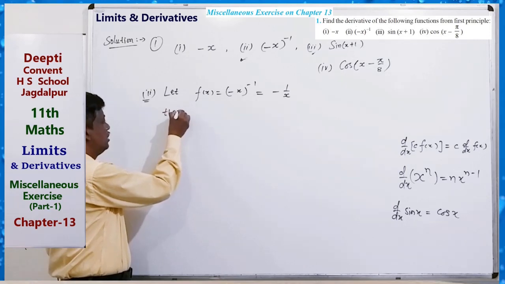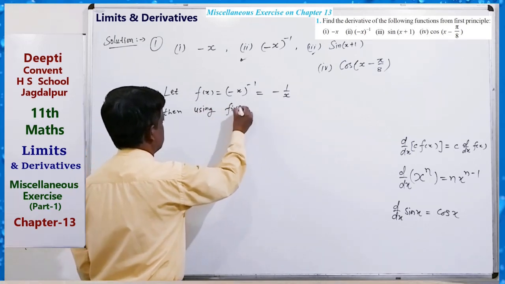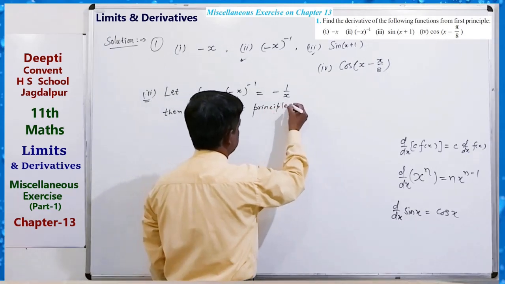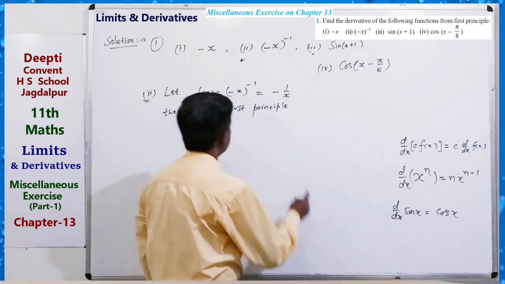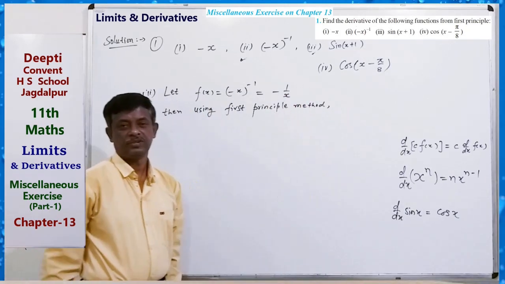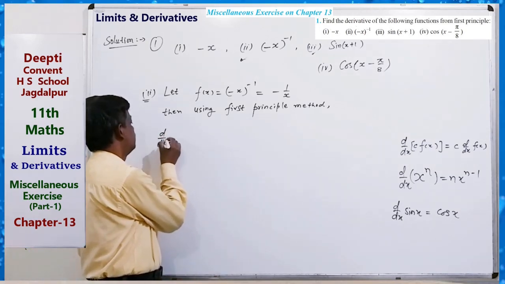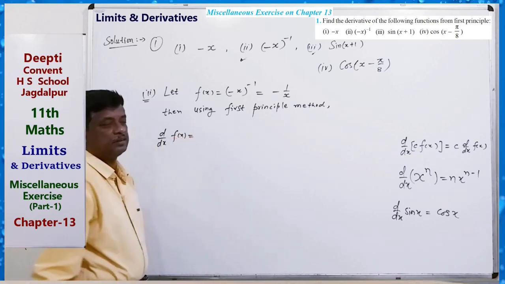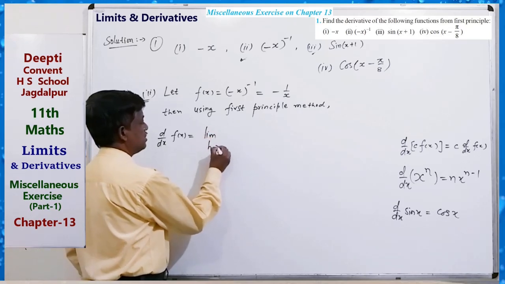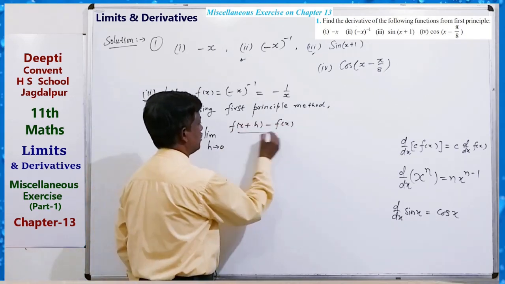Then using the first principle method, the derivative of f(x) is the limit, this is our main formula, as h tends to 0, of f(x plus h) minus f(x) upon h.